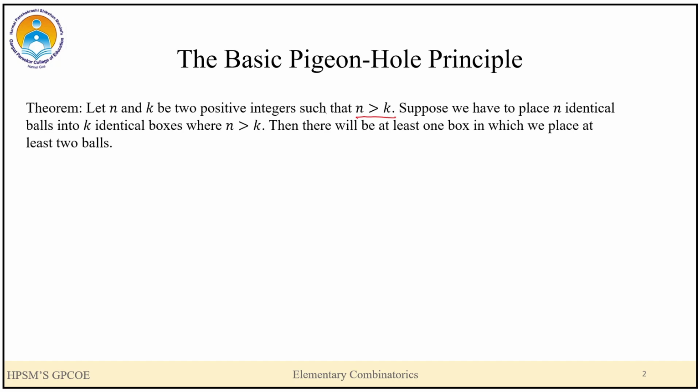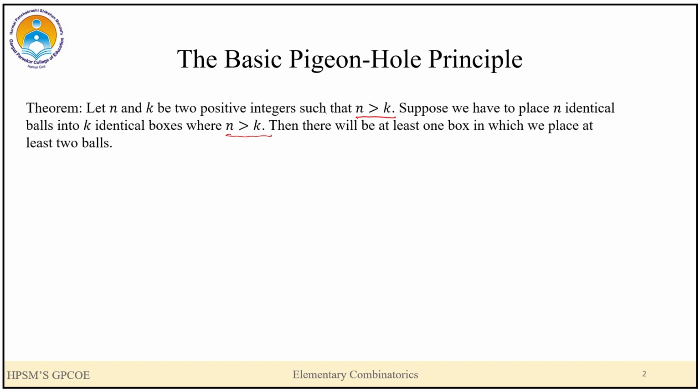Suppose we have to place n identical balls into k identical boxes where n is greater than k. So you see that the number of balls is greater than the number of identical boxes. Then there will be at least one box in which we place at least 2 balls.